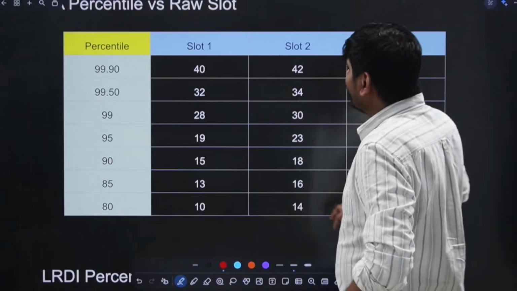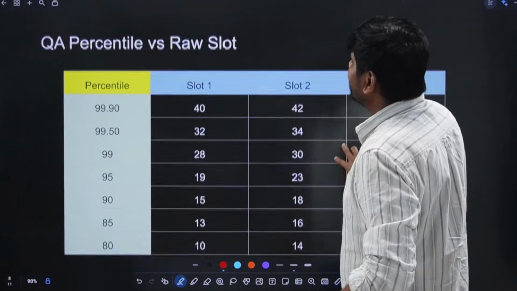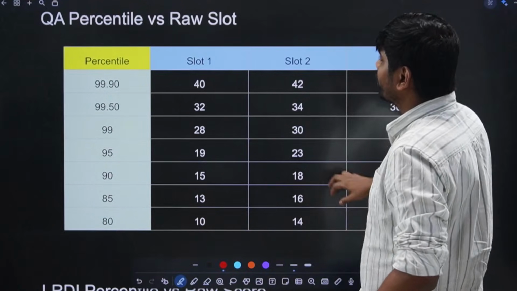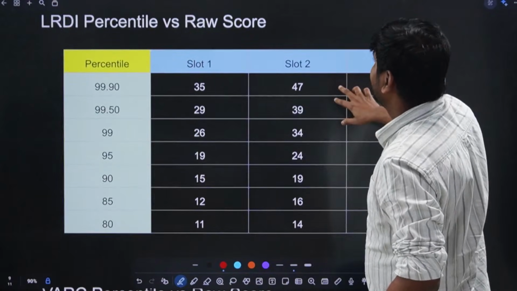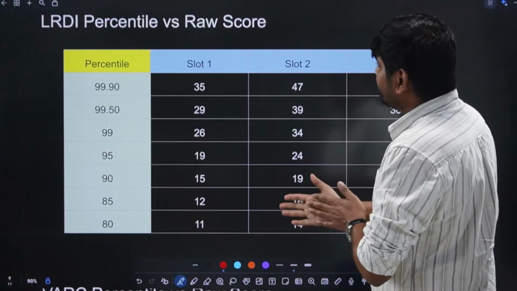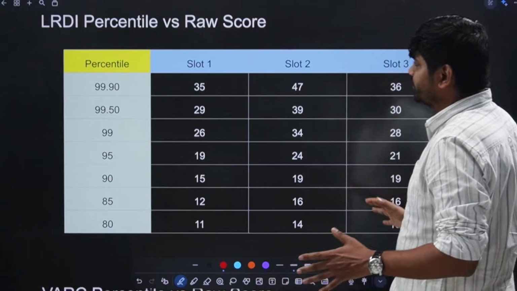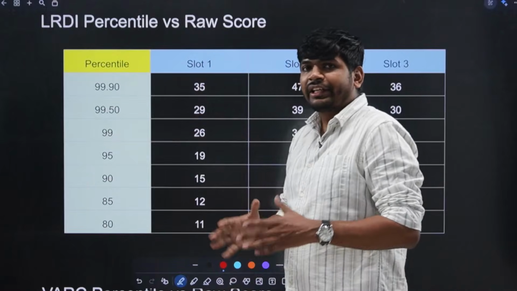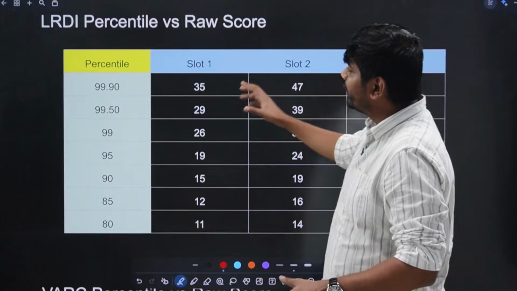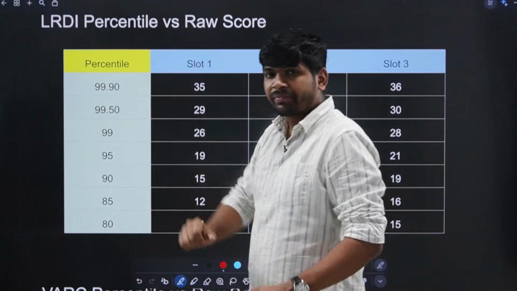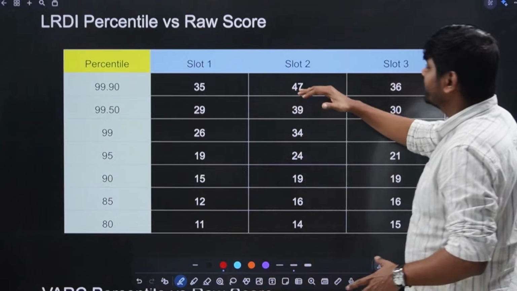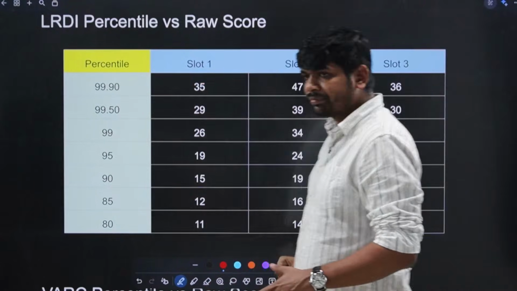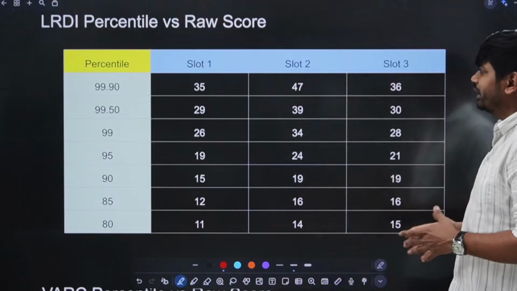Okay. So now we will discuss percentile versus raw score in every slot. For quant we have already discussed. Now for LRDI, if you are scoring 35 marks in slot 1, you will get 99.90 percentile, whereas if you get 47 marks in slot 2, your percentile will be 99.90, and in slot 3 this is 36.